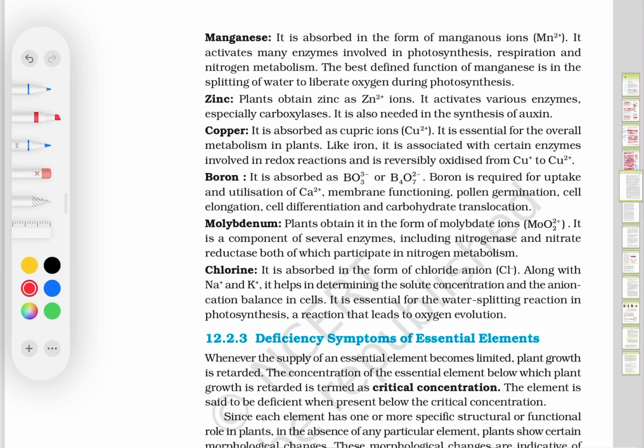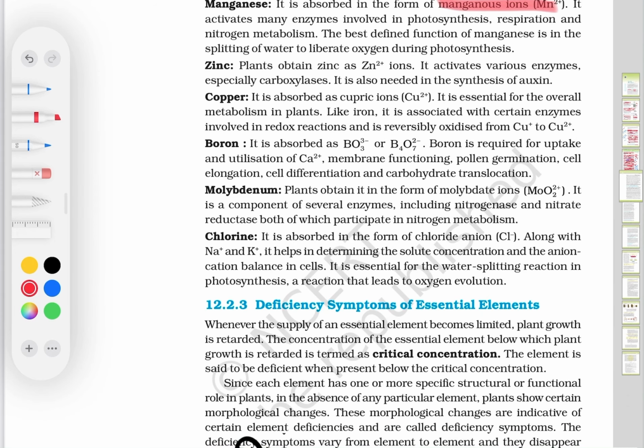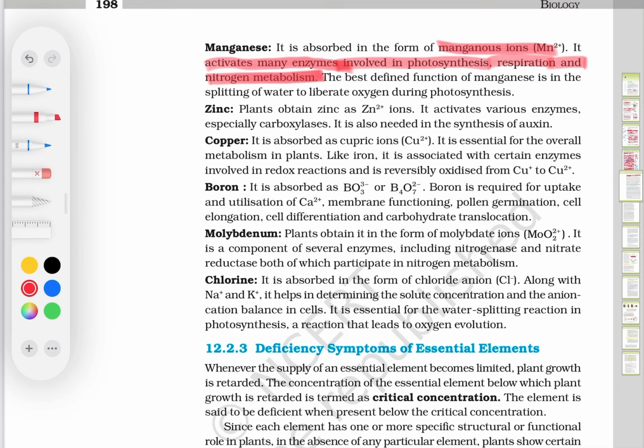It activates many enzymes involved in photosynthesis, respiration, and nitrogen metabolism. The best defined function of manganese is in the splitting of water to liberate oxygen during photosynthesis.